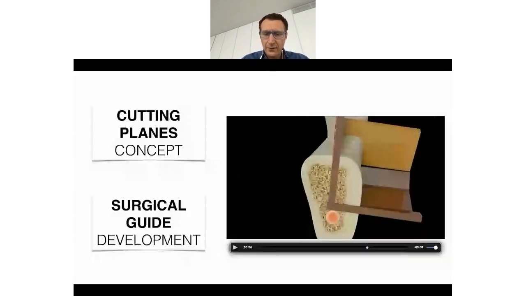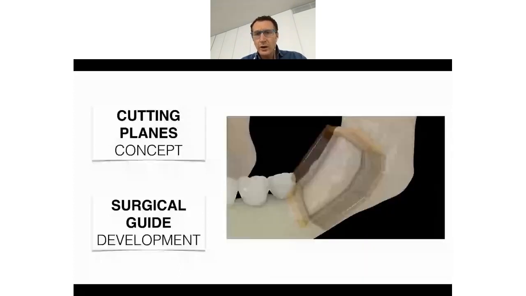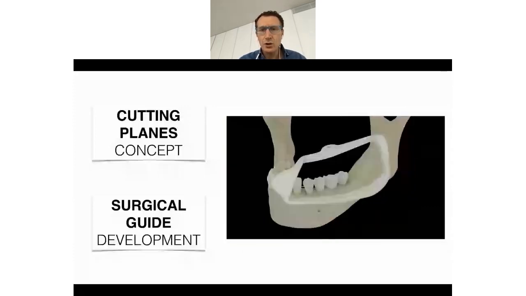This part here represents our osteotomy lines, and the outside projection of these osteotomy lines is translated into the interface of the surgical template, so that we extend the bone harvesting procedure to the maximum area, because we know we are going to stay coronal to the alveolar canal, away from the anatomical structures we want to preserve.